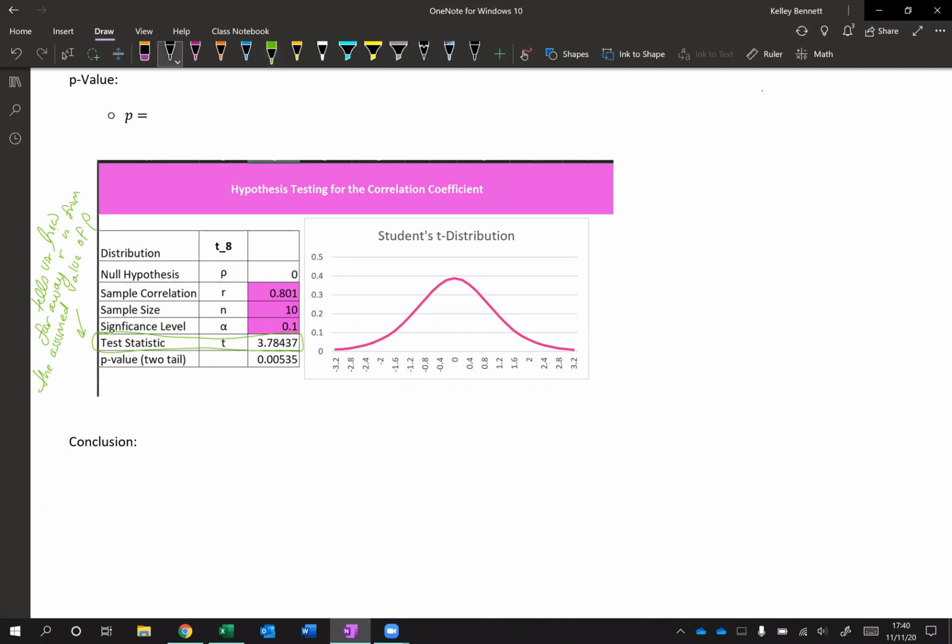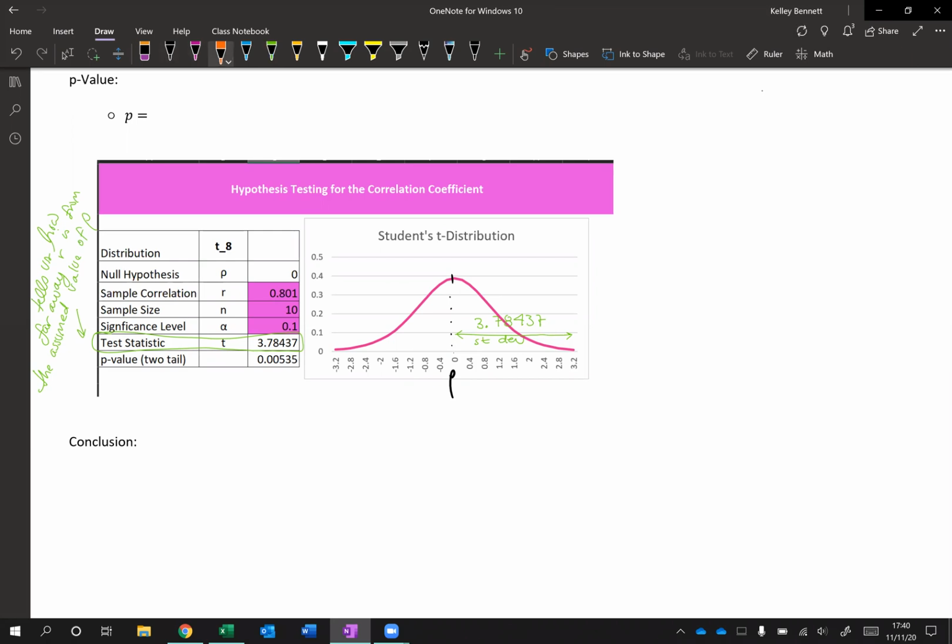So if I were to kind of mark off where everything is, here's rho equals 0. And because my test statistic is positive, it's telling me that I'm to the right, 3.78437 standard deviations above rho equals 0.